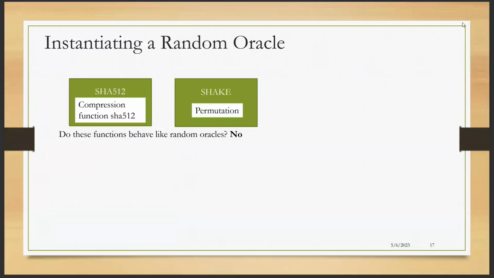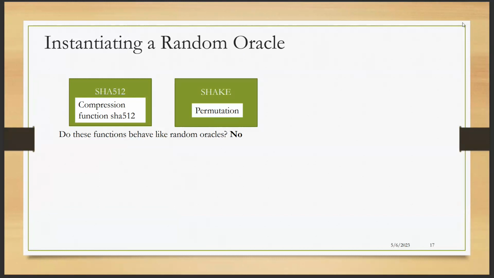So let's look a little bit more closely at SHA-512 and SHAKE. They're both built by iterating a smaller primitive. For SHA-512, it's a compression function. For SHAKE, it's a permutation. And obviously, they don't look random. They're fixed known functions. We can compute their values. They're not random.